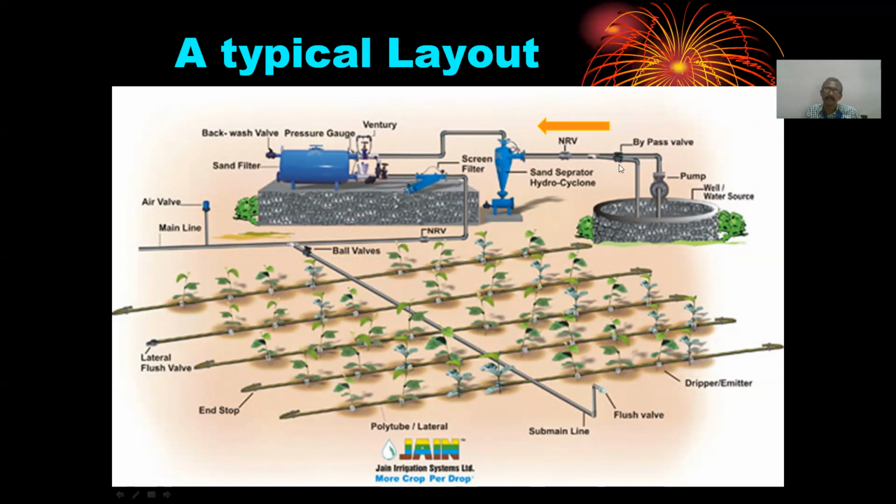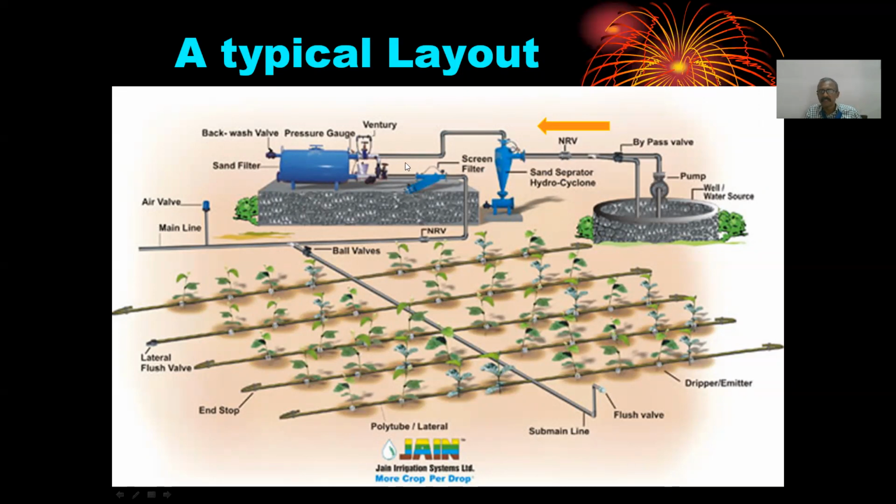Then after the bypass valve, you have a non-return valve. What a non-return valve does is allow water only from one side to the other, from this side to this side. When the pump is shut off, all these are at a higher elevation, and the water would immediately tend to go to the lower elevation. With drip irrigation, fertilizer is injected with the irrigation water.